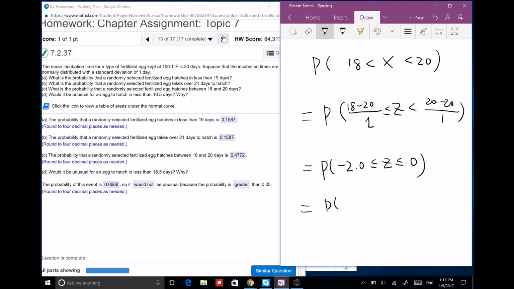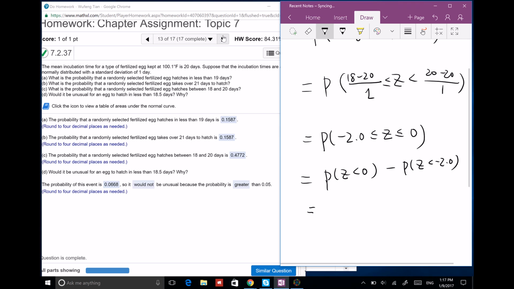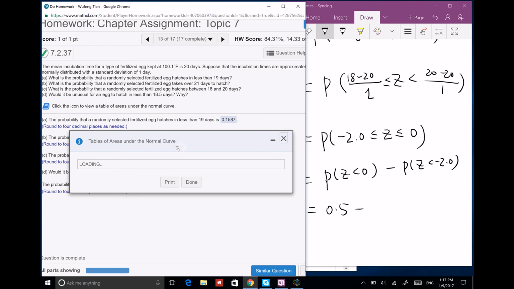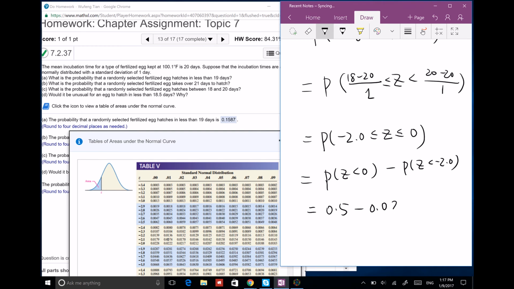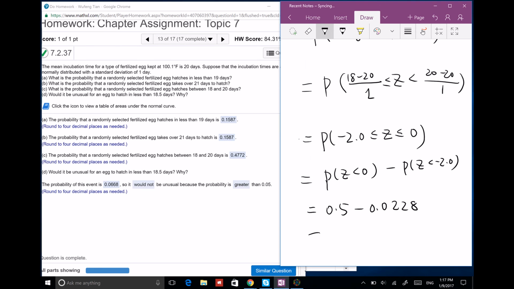So you've got probability of z less than 0, which is 0.5, minus probability of z less than -2. -2 is 0.0228, right here. Okay. So subtract this, it gives you 0.4772. Okay, that's how you do this one.